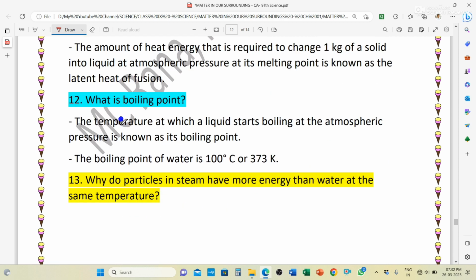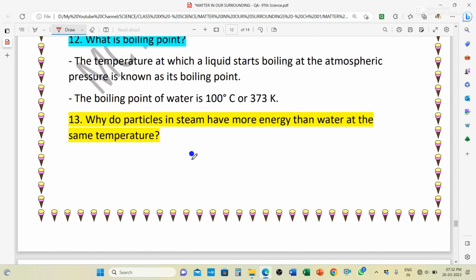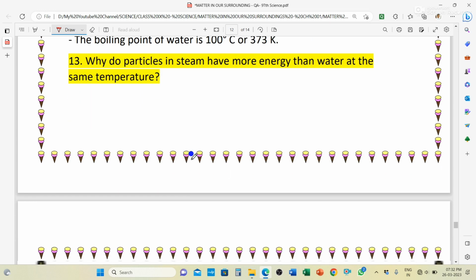What is boiling point? The temperature at which a liquid starts boiling at atmospheric pressure is known as its boiling point. For example, the boiling point of water is 100 degrees Celsius or 373 Kelvin. Why do particles in steam have more energy than water at the same temperature? This is due to latent heat of vaporization.